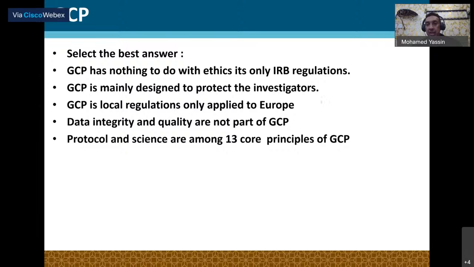Another person answered B, which is also not a correct answer. No person answered C, which is also not correct. And no person answered D, which is not a correct answer. Fifteen answered E, which is the correct answer: protocol and science are among the 13 core principles of GCP.